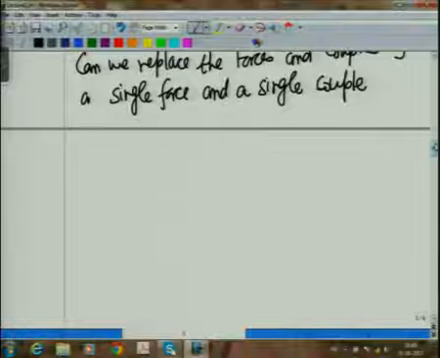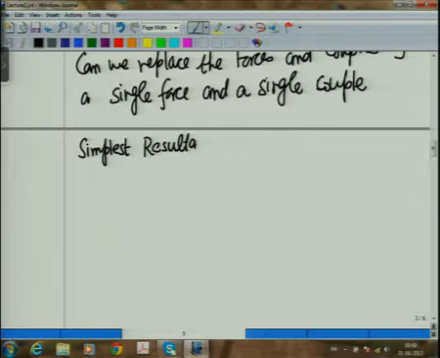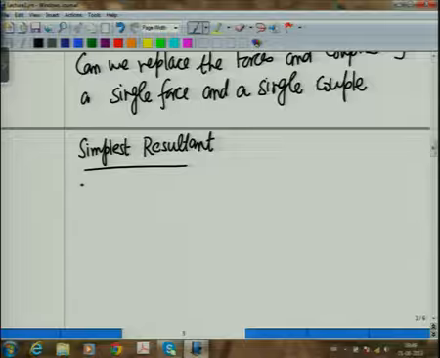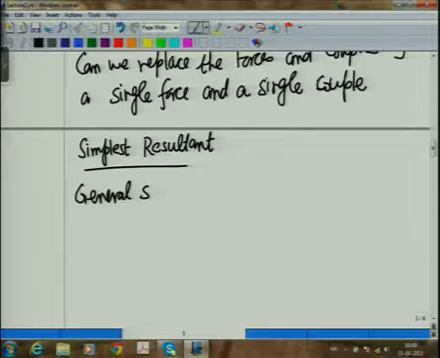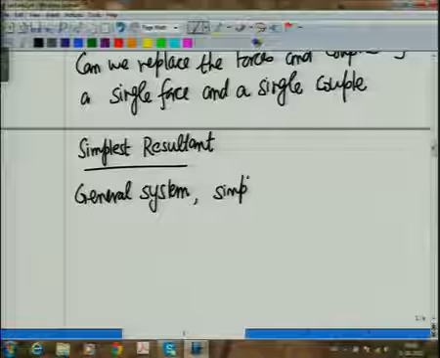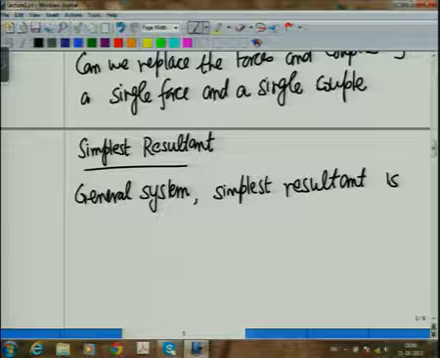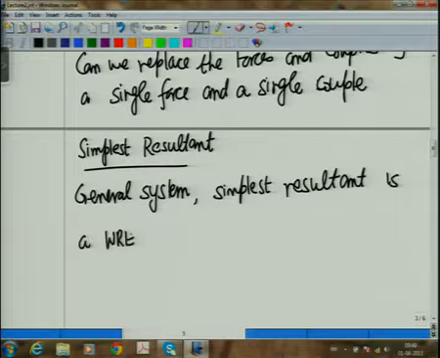Now what we do is, when we try to find, so we work out what is called, now for a general system, I have introduced a new term which I will explain.